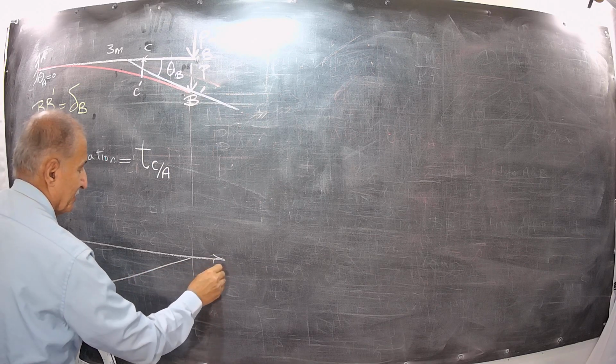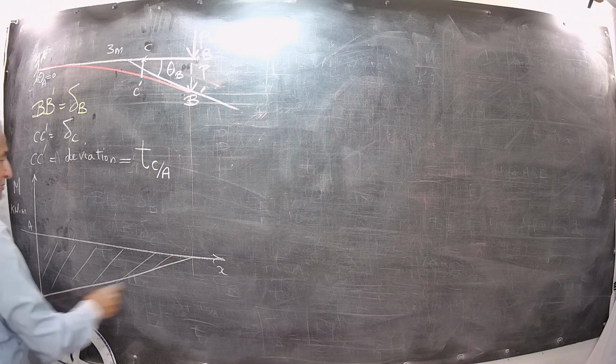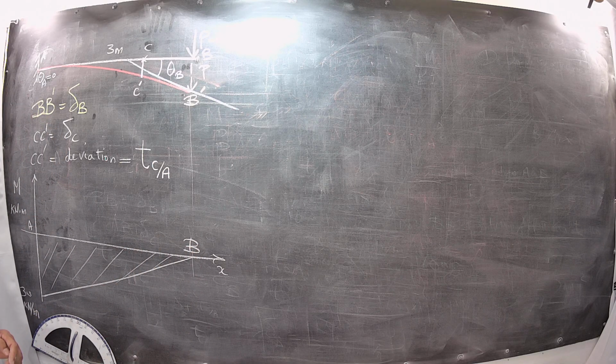And that's the area between A and B, the area of this triangle.